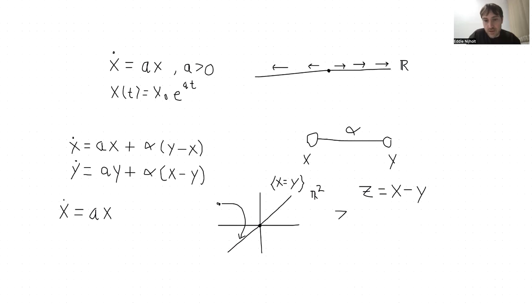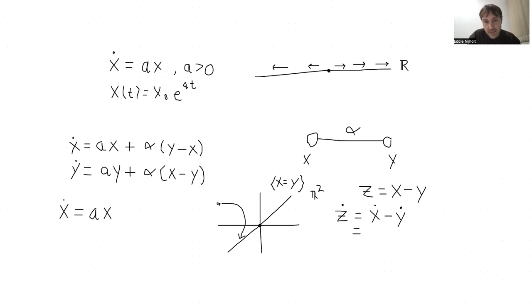Right? So what happens if I take the derivative of this difference? Well, it's going to be x dot minus y dot, right? Taking the time derivative of the sum of two functions is just the sum of the two time derivatives. So this just works well. And now we can plug in our favorite equations. So x dot, well, we have an equation for that.